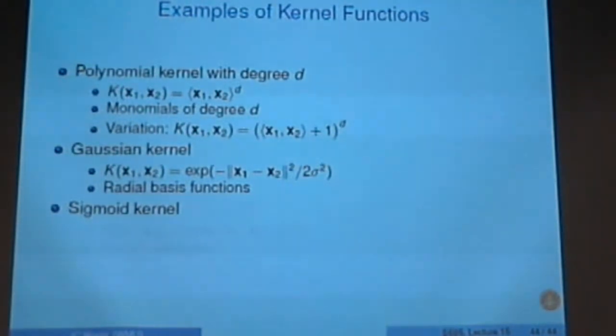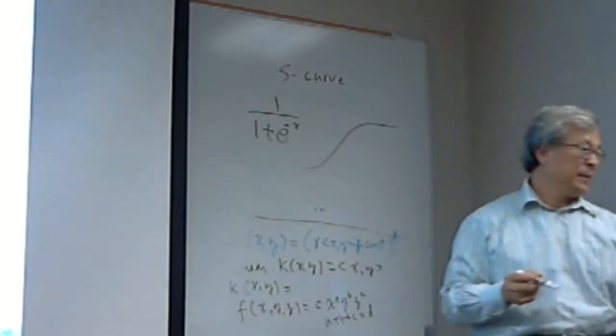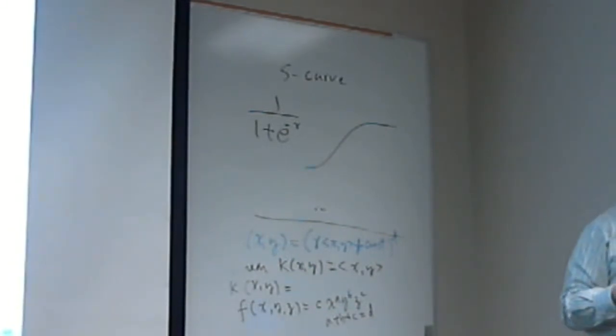The simplest one would be 1 over 1 plus e to the minus x, the logistic function, so you're looking at an S curve like this. And we know that most continuous distribution CDFs are some kind of S curve.